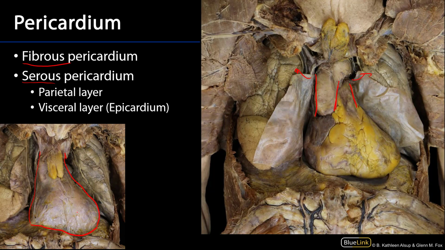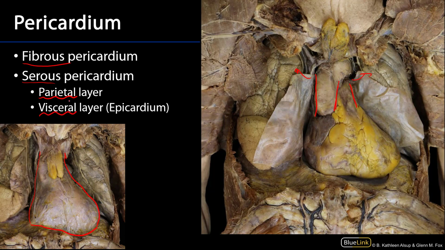The serous pericardium is deep to the fibrous pericardium, and as a serous membrane, you might think that it has two layers, and you would be correct. There's a parietal layer. The parietal layer lines the wall of the cavity where something is in, and a visceral layer. The visceral layer is upon the heart itself.